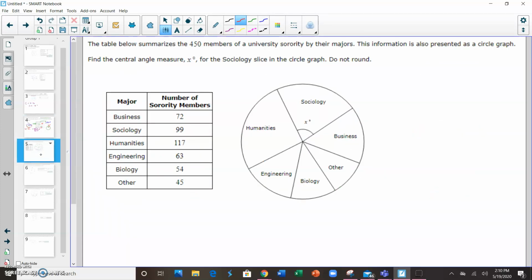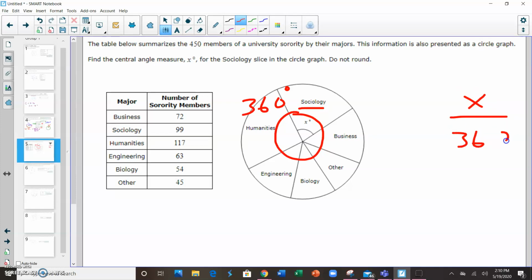All right, for this one, if you were going to make a circle graph, how many degrees should x be? Well, in the entire circle, you would have 360 degrees. So we know that the part I'm looking for, sociology, would be x out of 360. So then I just set up a proportion.